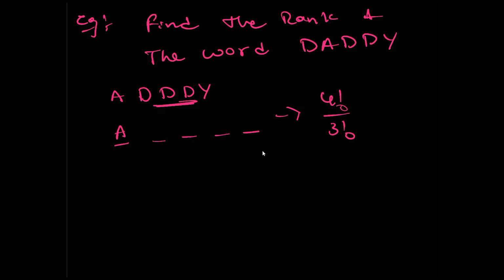The next one will be D, so we want that only. Next one will be A, again D, again D and again Y. Direct. Here it is 4 and plus 1 we will add. Therefore, the rank of DADDY will be 5.